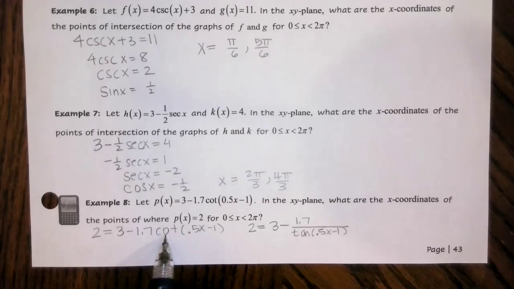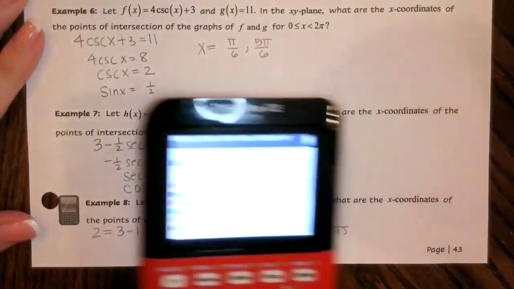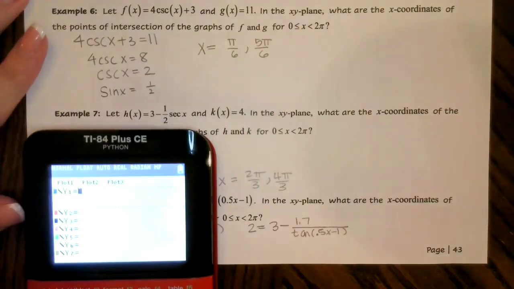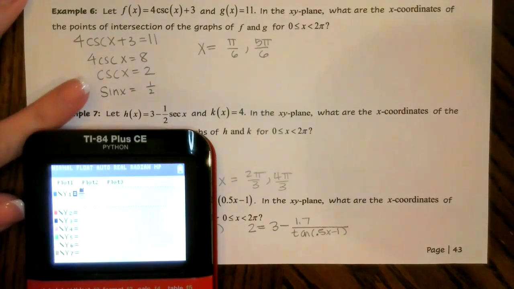So I can rewrite this as the reciprocal: 1.7 times, I change that to tangent in the bottom with 0.5x minus 1. So to put that in the calculator, I'm going to use my fraction key. Oh, I forgot the 3 actually. 3 minus, now I use my fraction key, 1.7 over tangent.